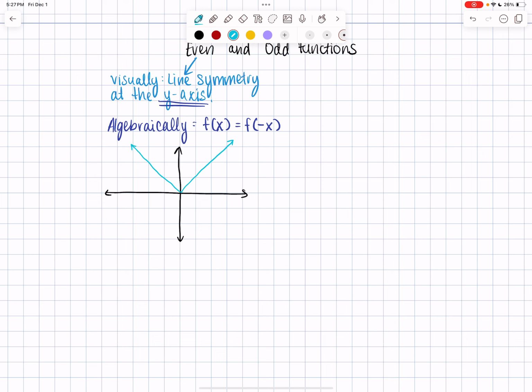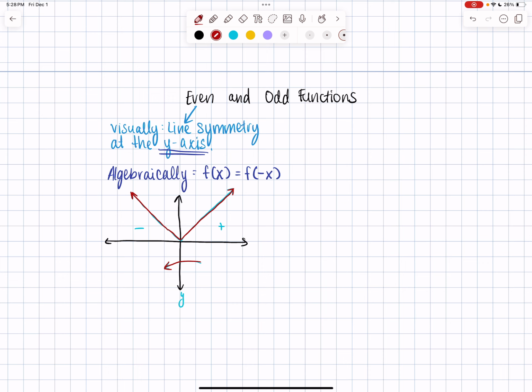When you fold this function from the positive side to the negative side over the y-axis, this line over here is your y-axis. When you fold it over, the right side of the function is going to overlap with the left side. So that's pretty much what even functions are.